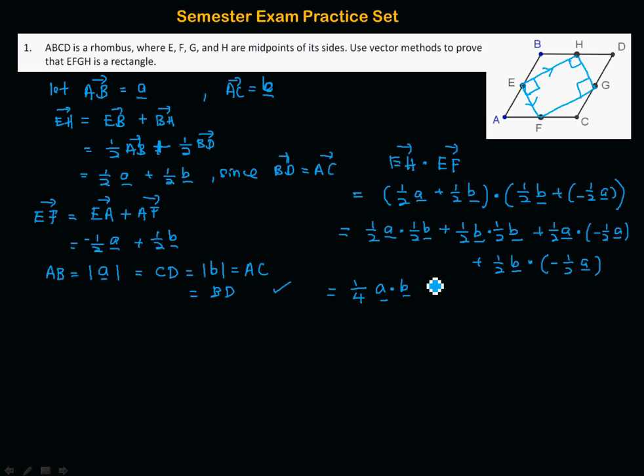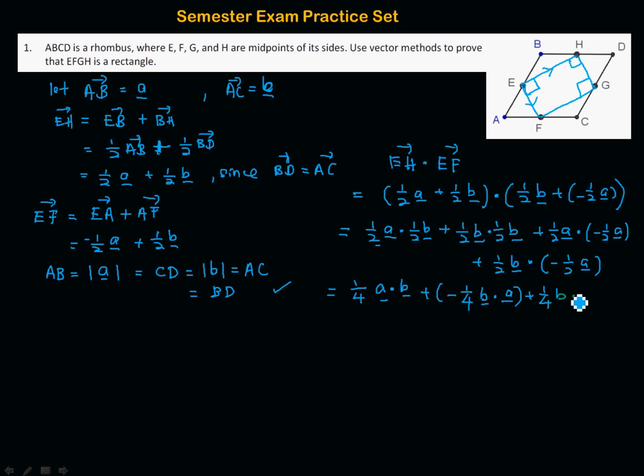And I'm going to deal with this one here. This is going to be negative plus negative. Okay, so I'm done with this one. Okay, now I'm going to deal with this one. It's going to be 1 over 4 b dot a. Next we're going to deal with this one. It's going to be 1 over 4 b dot b.